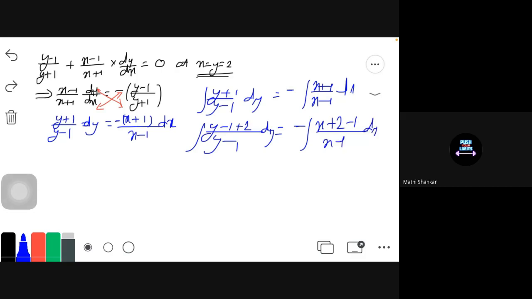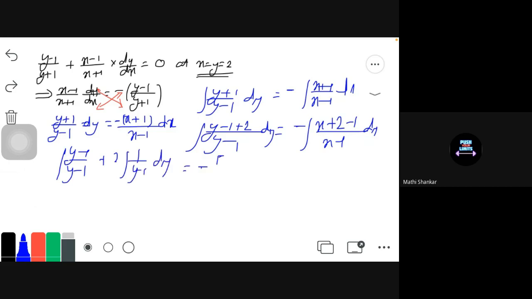Which can further be written as integration of y minus 1 upon y minus 1 plus 2 times integration of 1 upon y minus 1 dy. So now I can integrate. Similarly here also, integration of x minus 1 upon x minus 1 plus integration of 2 upon x minus 1 dx.